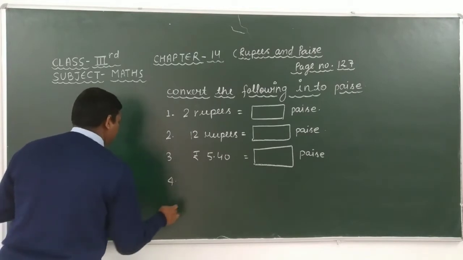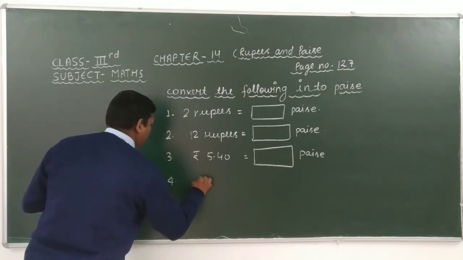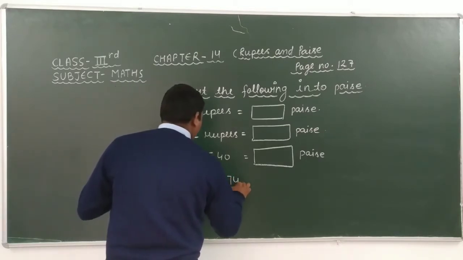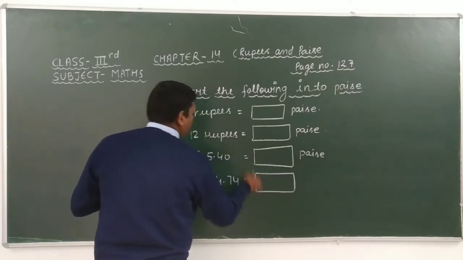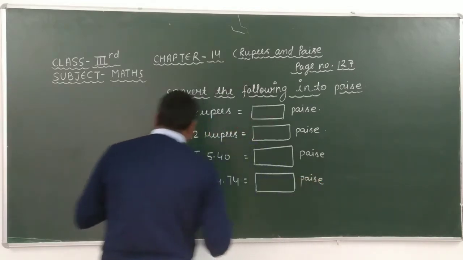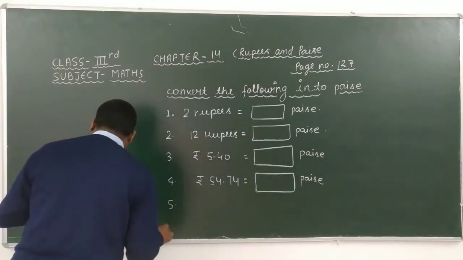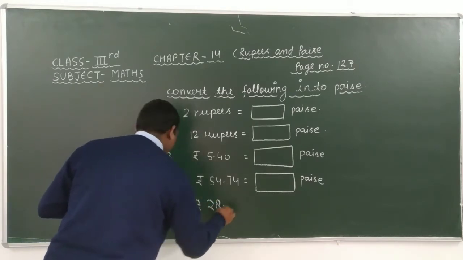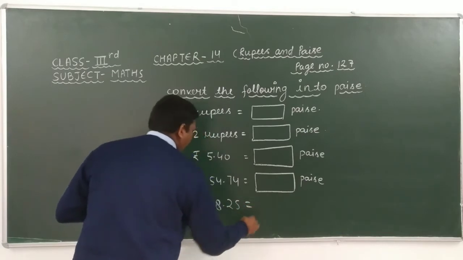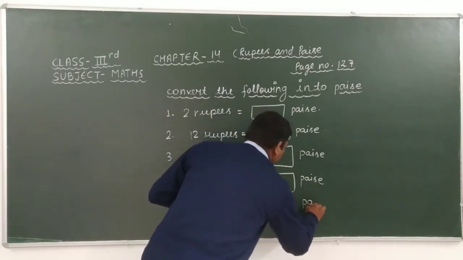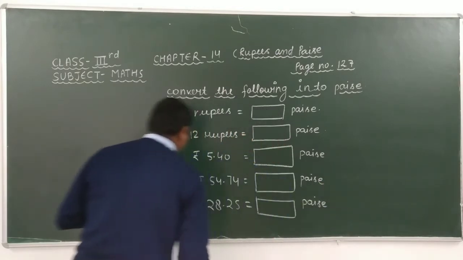Question number 4 is: rupees 54.74 is equal to how many paise? Question number 5 is: rupees 28.25 is equal to a box, and here paise.